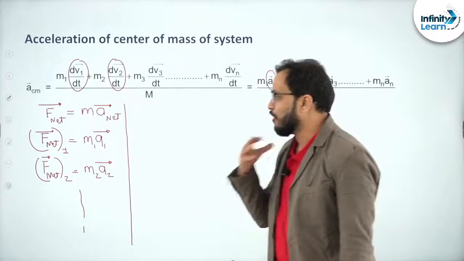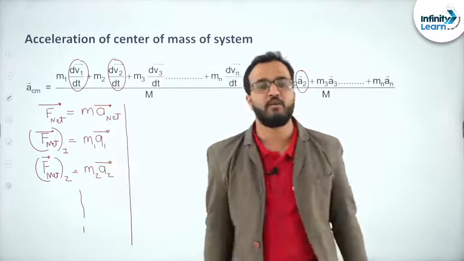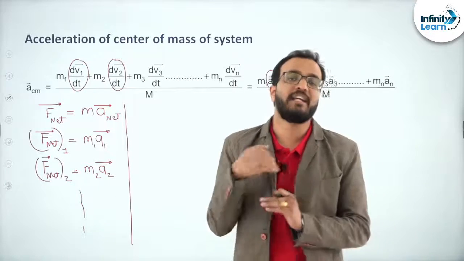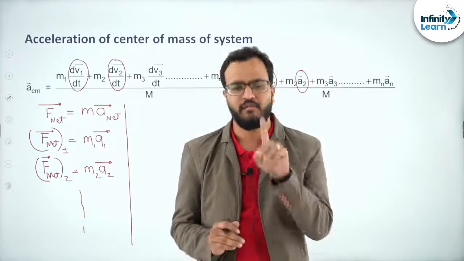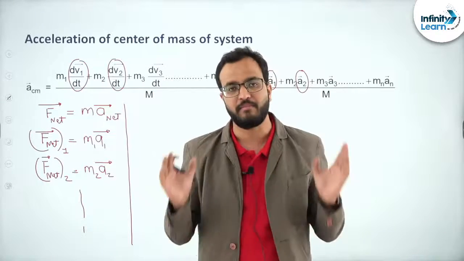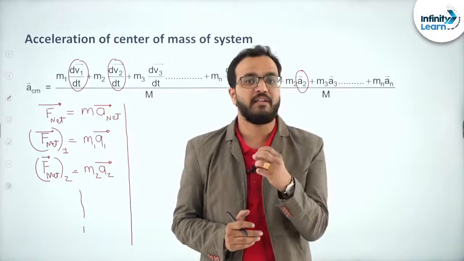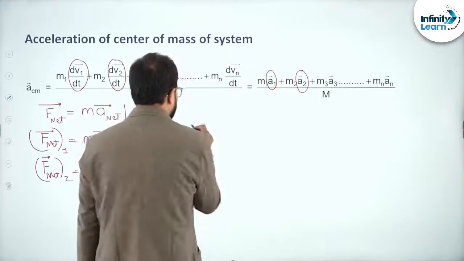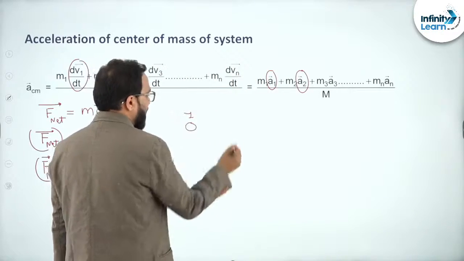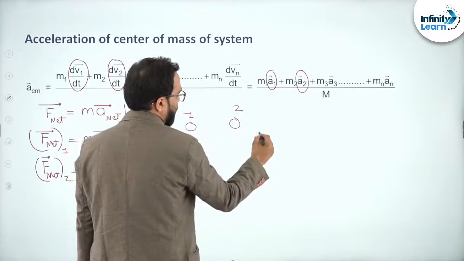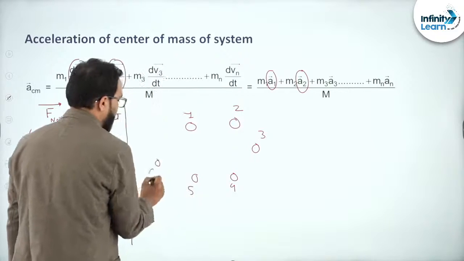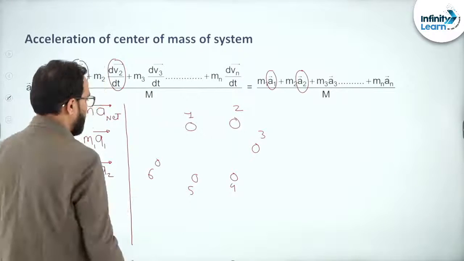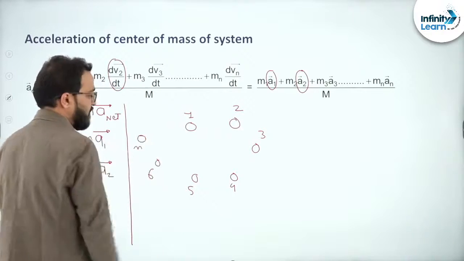When I talk about the net force on the first particle, how many types of forces are possible on the first particle of any one object of the system? You will say, sir, this is the first particle, particle number 1. It might be interacting with particle number 2, particle number 3, 4, 5, 6, like this, it might be interacting with n particles, right?